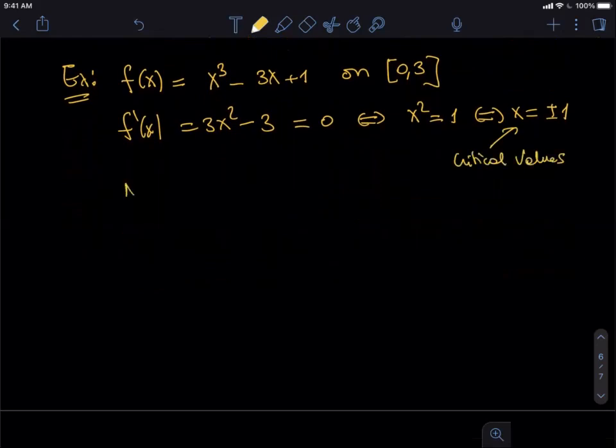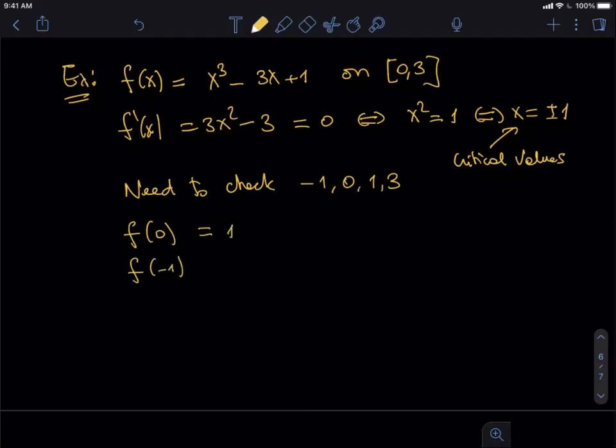So we need to check negative 1, 0, 1, and 3. We need to check the critical values and the endpoints of the interval. f of 0 is 1. f of negative 1 is 3. f of 1 is negative 1.